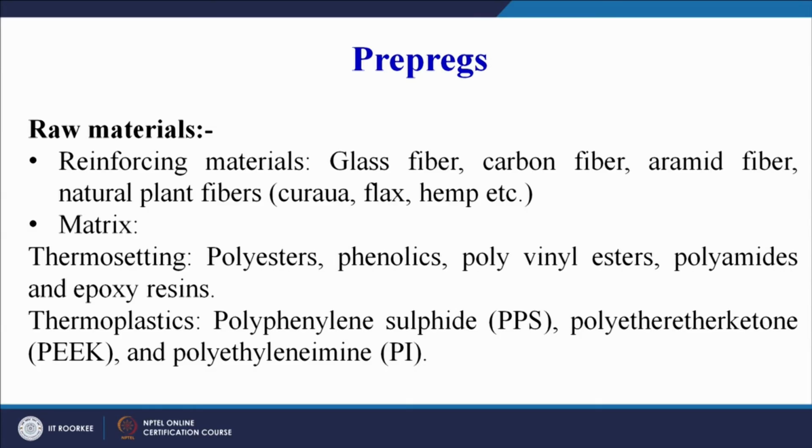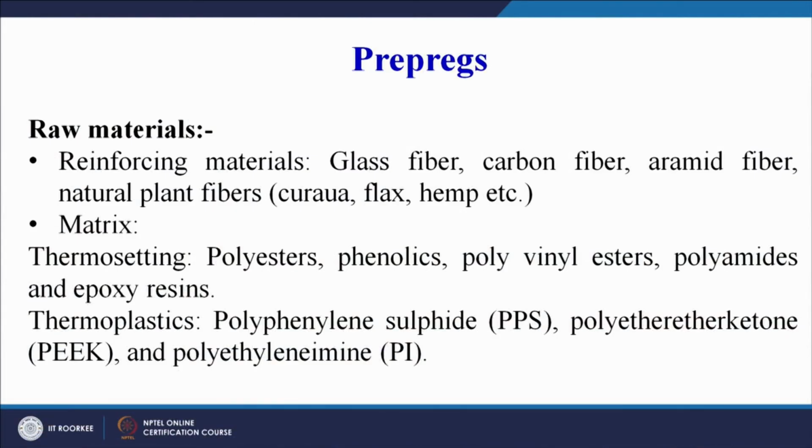Now, what are the raw materials used for prepregs? The raw materials used are glass fiber, carbon fiber, aramid fiber, and natural plant fibers like coir, flax, hemp. For synthetic fibers as well as natural plant-derived fibers, we can prepare prepregs and use them for further processing of composite products. The matrix is usually thermosetting, that is polyester, phenolics, polyvinyl esters, polyimides and epoxy resins.